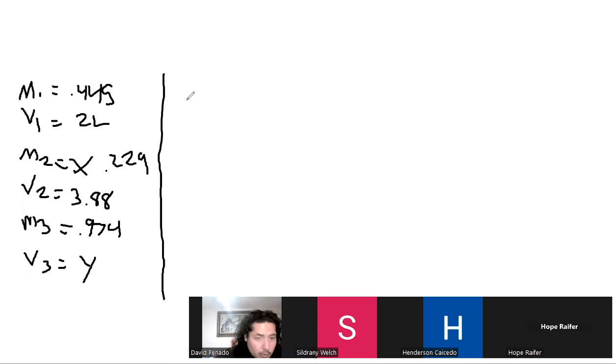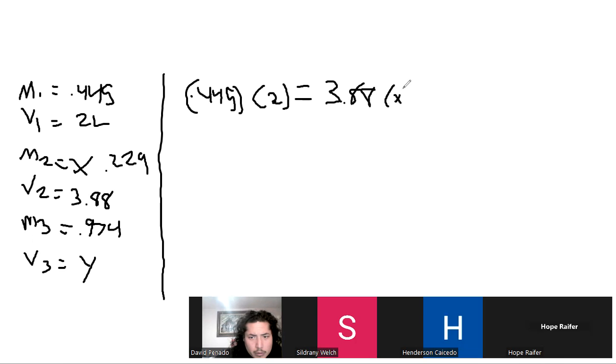All right, so we have M1, which is 0.445 times 2 equals 3.88 X. I multiply these two together. 0.445 times 2, we get 0.89, equals 3.88 X. Then I divide by 3.88 on both sides.